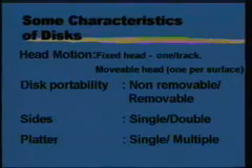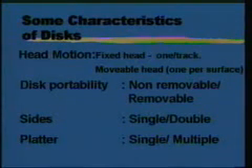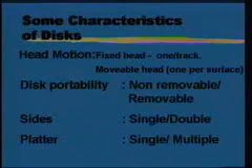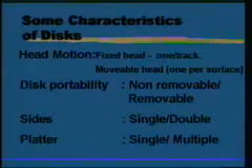One of the most important characteristics which we must know about a disk is the head mechanism of a disk. What do we mean by head mechanism? We mean the read-write mechanism which is supported by any disk. There are 3 basic types of read-write or head mechanisms which exist on a disk.